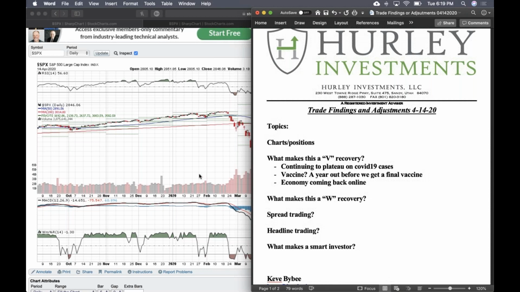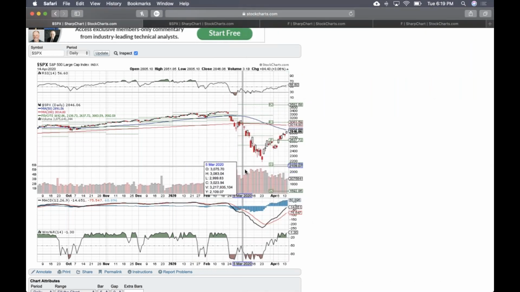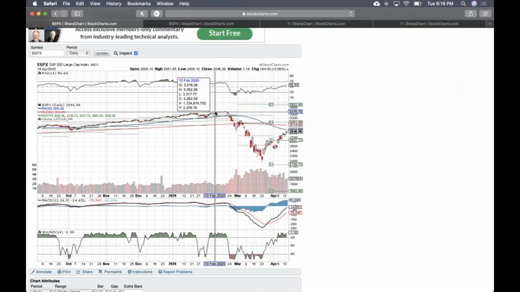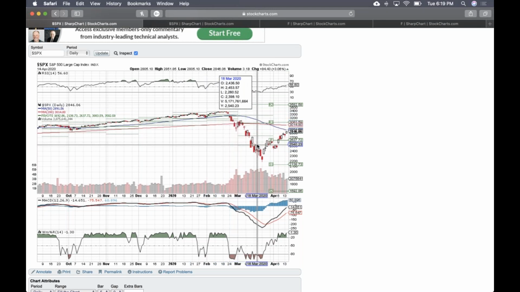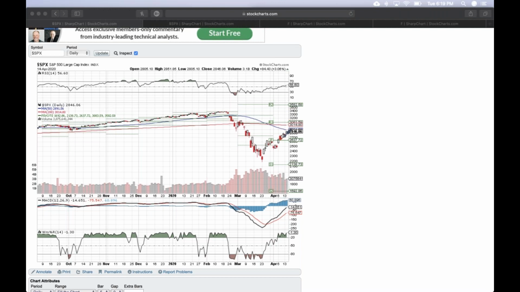So in that case, what causes a W-shaped recovery? Where even if some things come back online and maybe we head up a little bit for a few weeks, who knows, and we struggle to retest some lows.